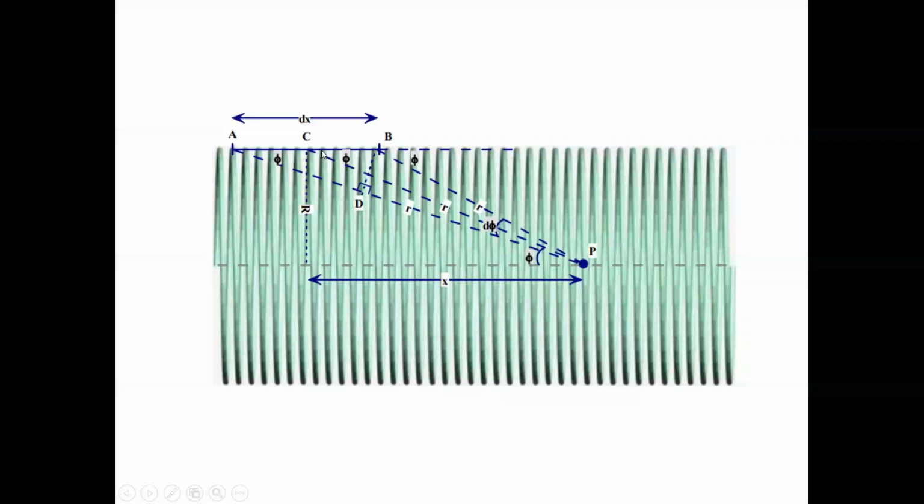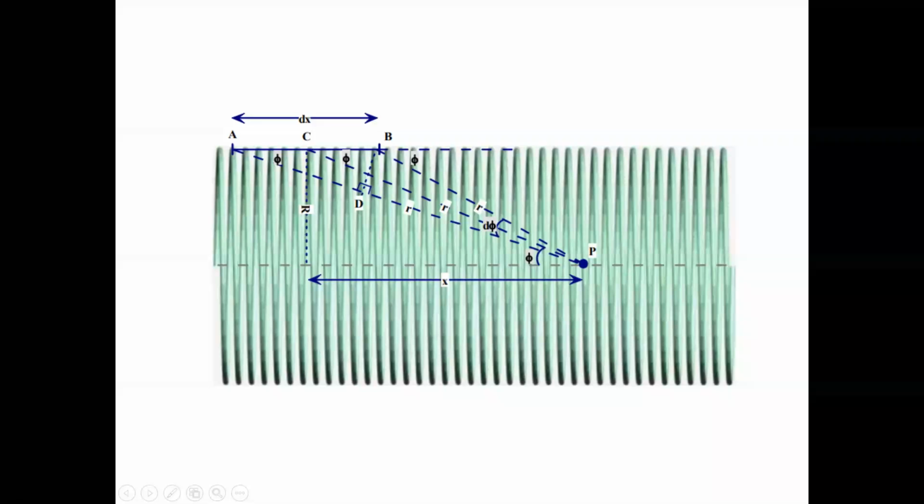Okay. Now this dl element is on the circular coil having radius R. This element makes an angle phi with the point P at B, C and A positions.